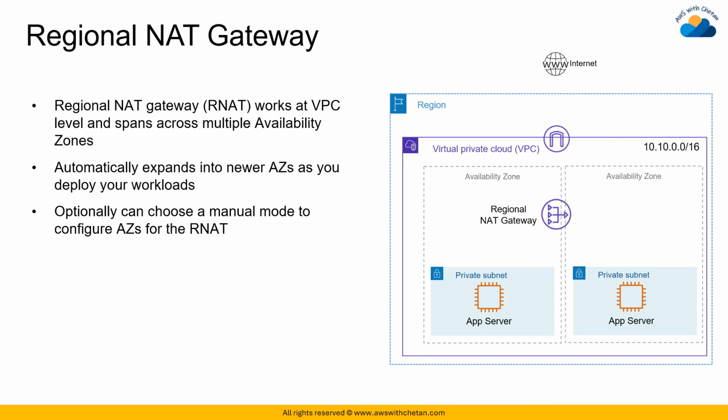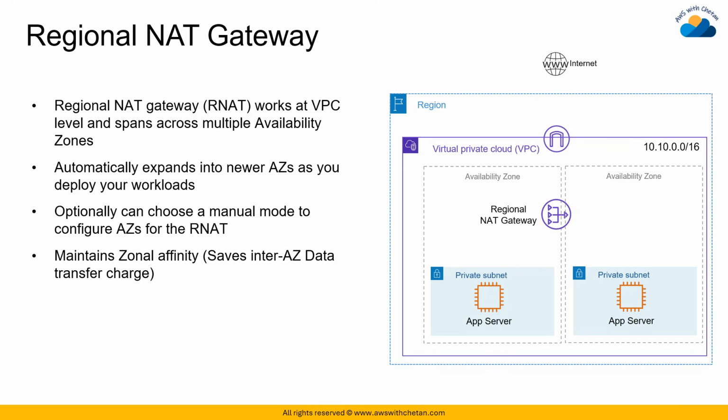Now, a few additional things that you should know about the Regional NAT Gateway is that because it is in multiple AZs, it tries to maintain zonal affinity, which means traffic from a particular, say, application server in AZ1 will be routed through the NAT gateway in that AZ only, so that there is no inter-AZ data transfer charge.